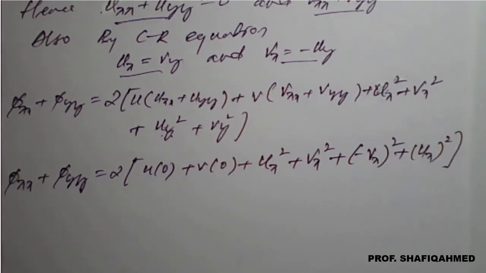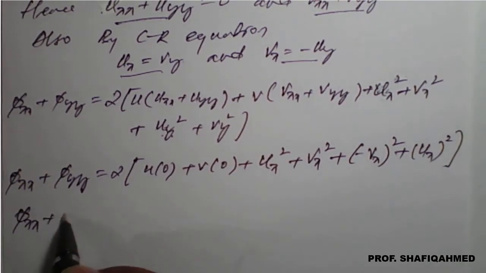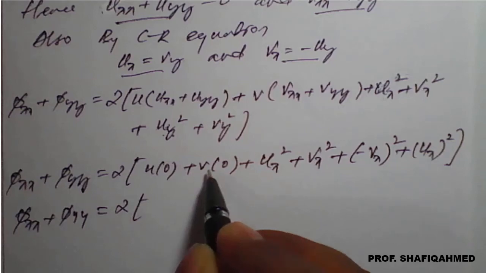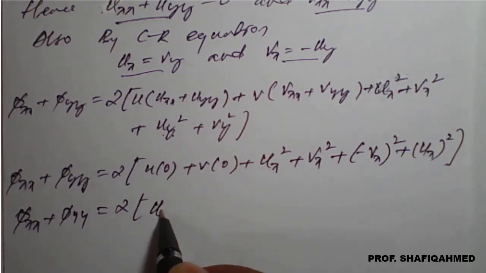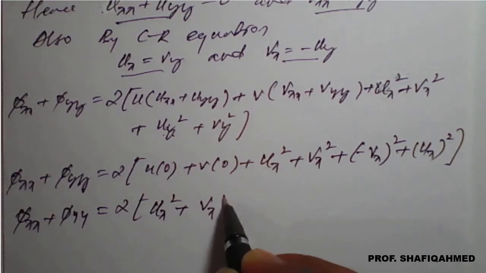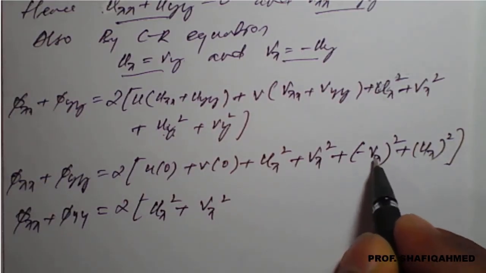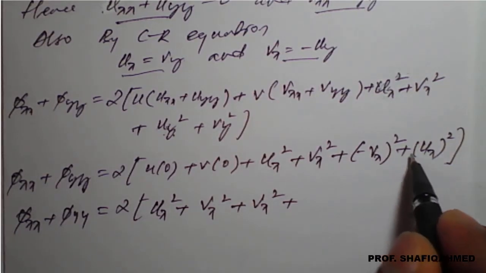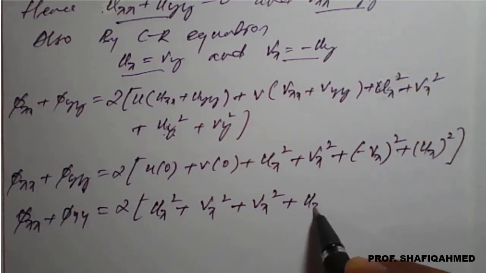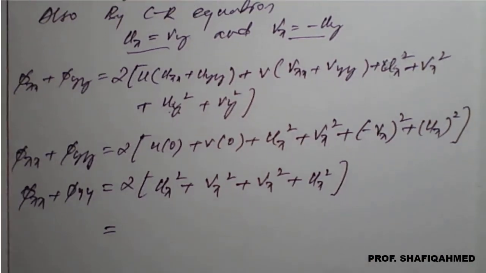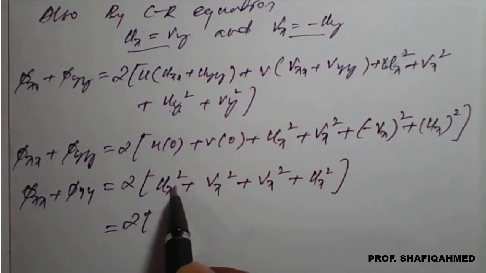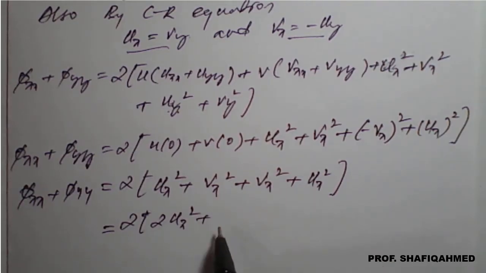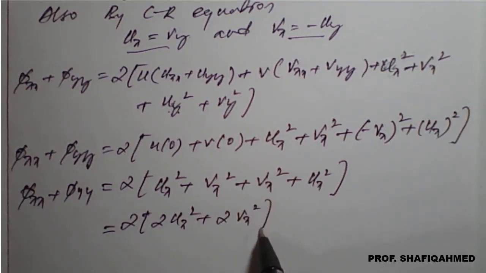So on further simplification, phi of xx plus phi of yy is equal to 2 times u into 0, leave it, plus v into 0, this also leave it, so ux square plus vx square plus, minus times vx whole square will become plus vx square, and ux whole square will become ux square, which is nothing but 2 ux square plus ux square will become 2 ux square, vx square plus vx square will become 2 vx square.